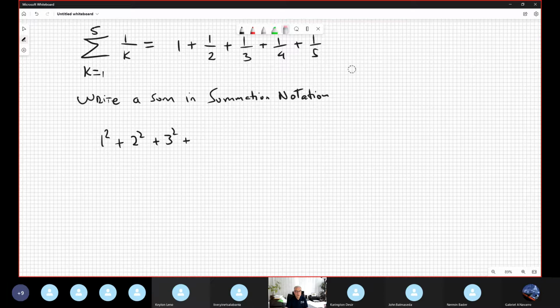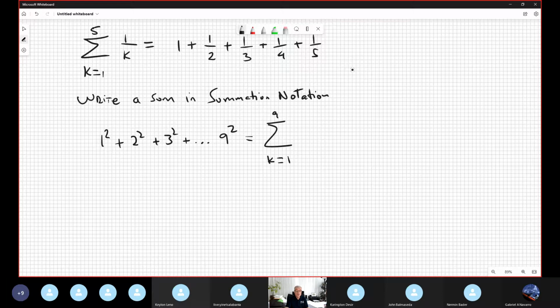That indicates that it continues, not forever, but following the same sequence. So the next ones are 4, 5, and so on up to 9 squared. So you write the summation notation and declare the variable, suppose k. I like k so much. From k equal 1 to 9.